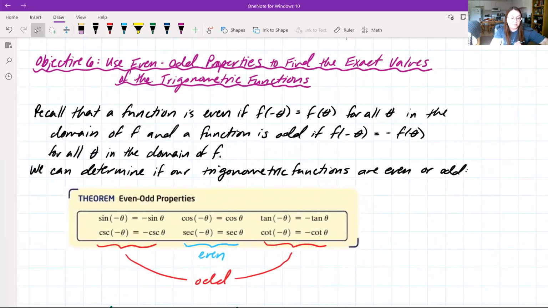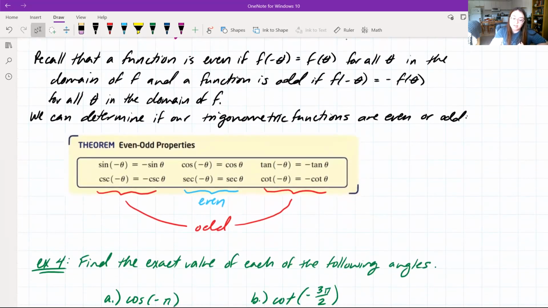Then lastly, our last objective here, objective 6, we want to use even odd properties to find the exact values of trigonometric functions. So recall that a function is even if f of negative theta is equal to f of theta for all theta in the domain of f, and a function is odd if f of negative theta is equal to negative f of theta for all theta in the domain of f.